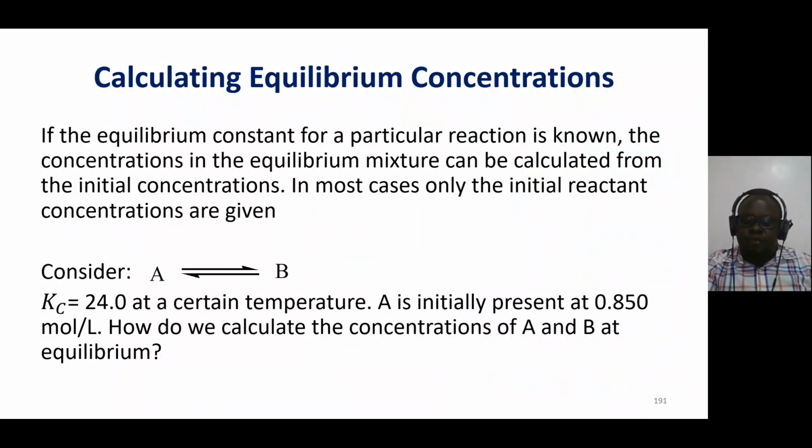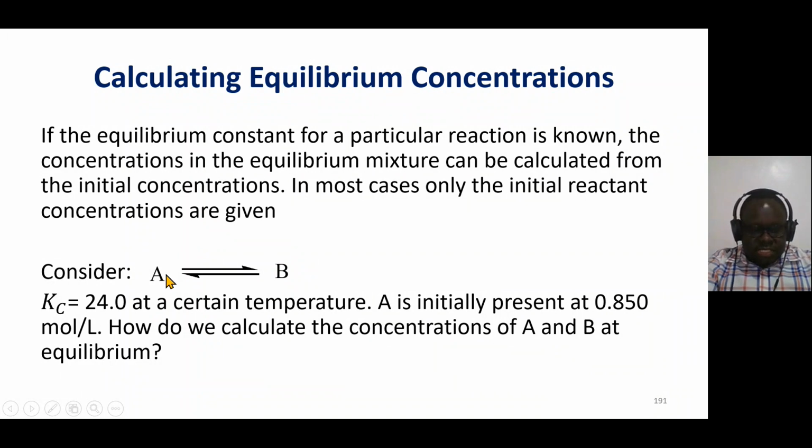Now another application of the equilibrium constant is that you can use the value of the equilibrium constant and the initial concentrations to find the equilibrium concentrations. For example, here you have an initial concentration of A. As it moves towards equilibrium, it is being used up and B is being formed.